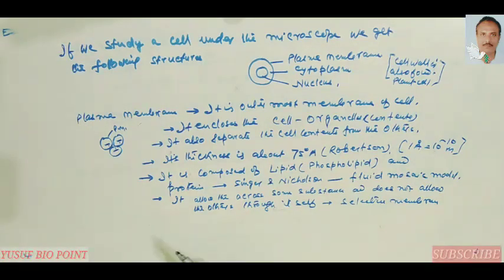Means not all things can go from one side to another side of the plasma membrane; only some substances can go and others cannot. So it is called a selective membrane. In this way, the main function of the plasma membrane is also called selective membrane.